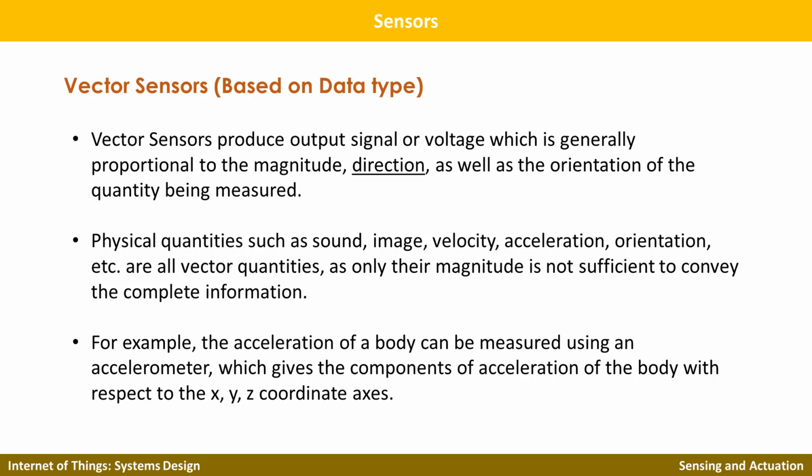So not only the magnitude matters, but also the direction and the orientation need to be there in order to convey sufficient, complete information. For example, the acceleration of a body can be measured by using an accelerometer, which gives the components of acceleration of the body with respect to the x, y, z coordinate axes.